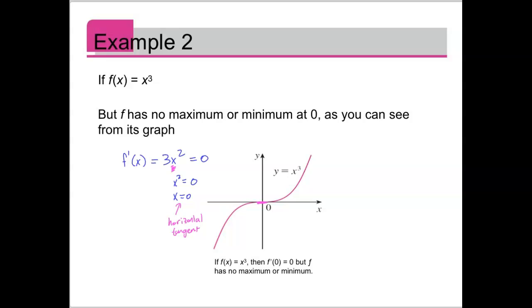So all that Fermat's theorem says is that if there is a local maximum or minimum and the derivative exists, the derivative at the local max or min will be 0.